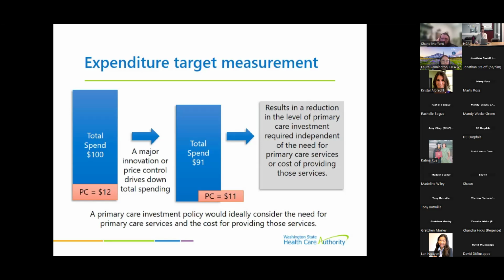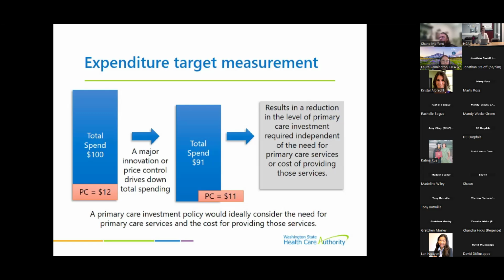Then if you had a major innovation or a price control that is independent of primary care and it drives down total spending, that would actually change what the target for investing in primary care would be. So in this example, that innovation or price control drives total expenditures down to $91, and then your target investment in primary care is $11 from the 12.